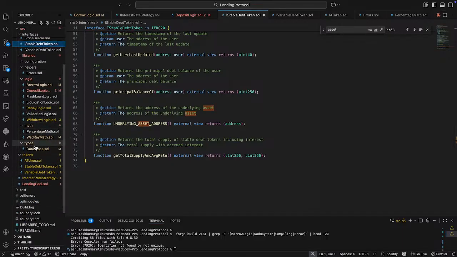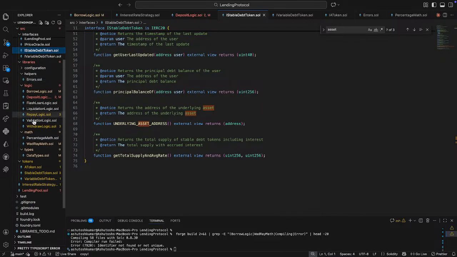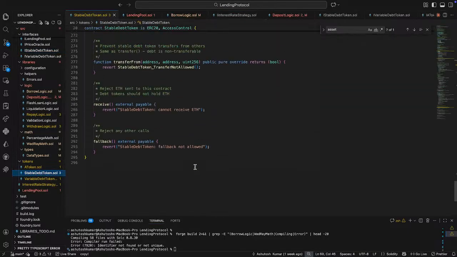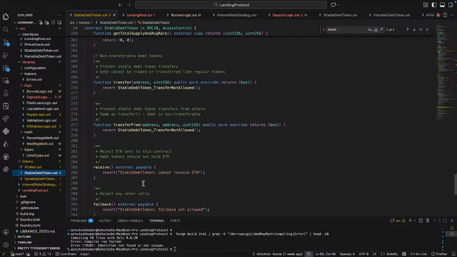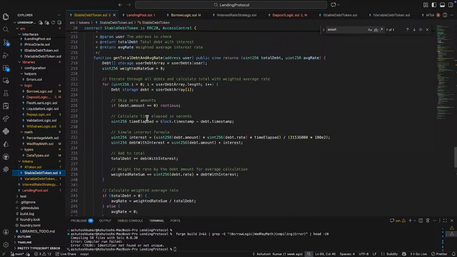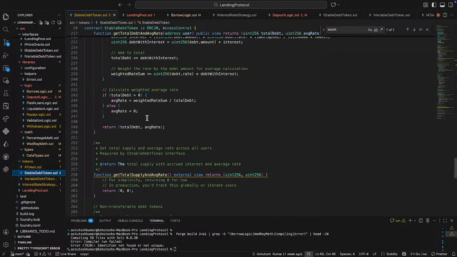Okay, the math types tokens here. Transfer, get total supply. Okay, get total debt and average, get total supply and average.